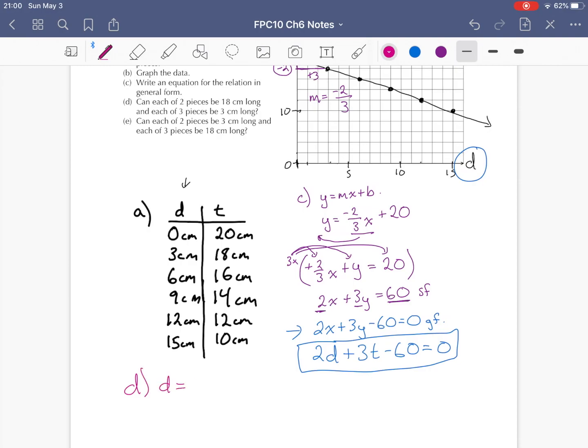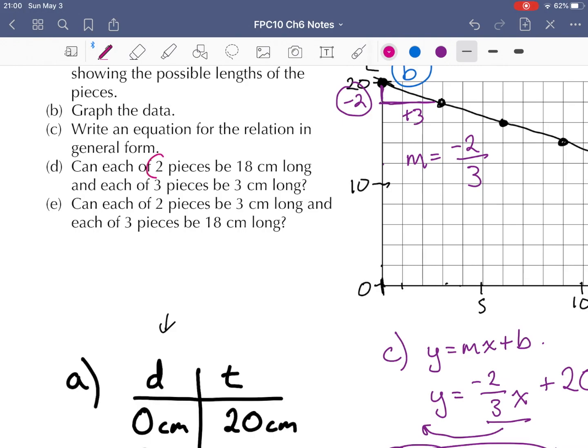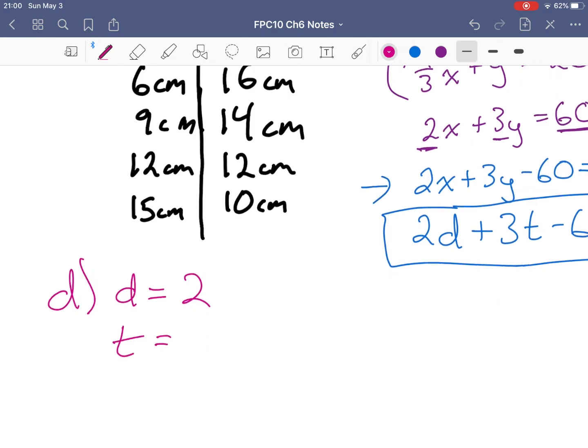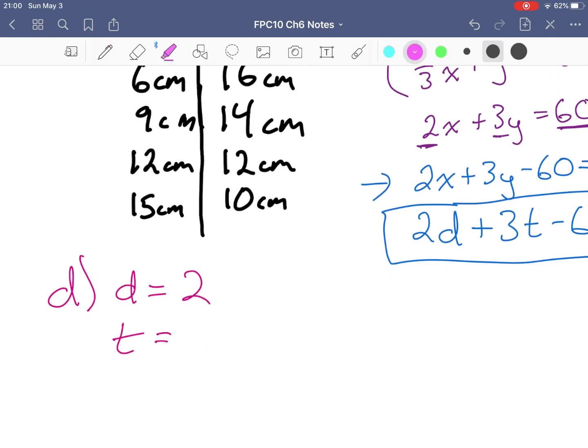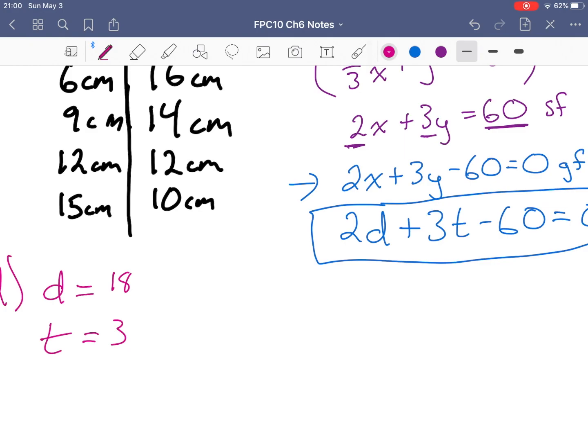Now, in letter D, we're asking, can d equal 18 and t equal 3?